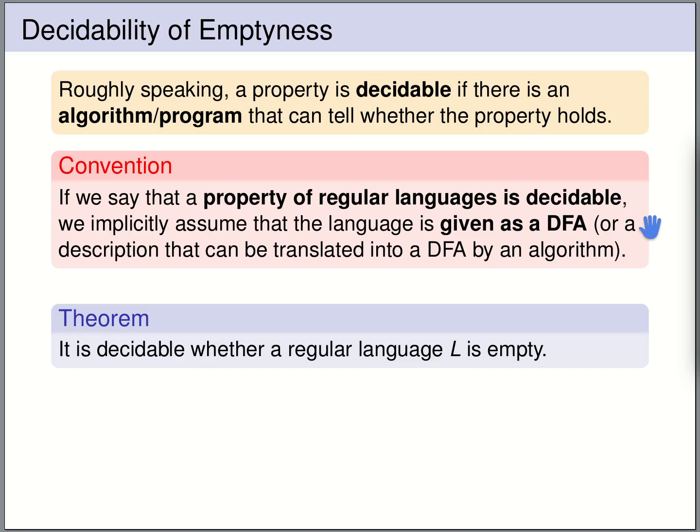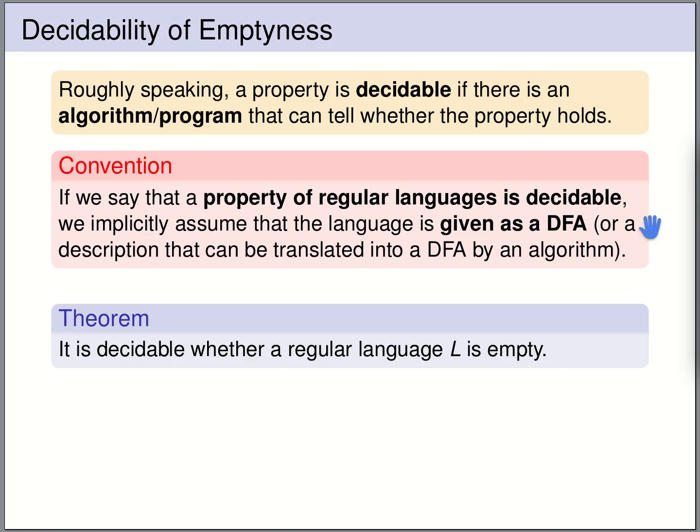Actually, it's not so important that this is a finite automaton. The important part is that it's a finite description of the regular language, and this finite description should be effective in such a way that this description can be converted into one of the definitional mechanisms that we've seen before. So the description should be convertible into a regular expression, a non-deterministic automaton, or a deterministic finite automaton.